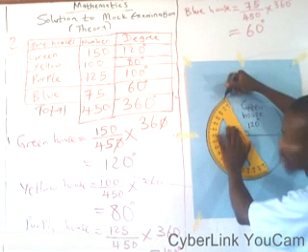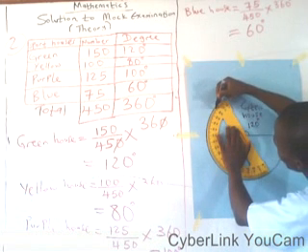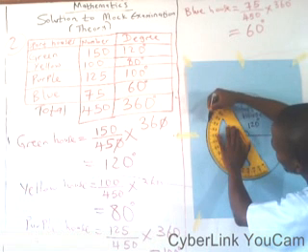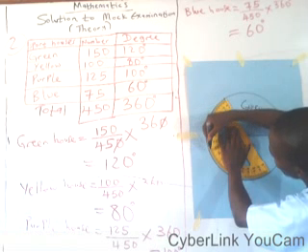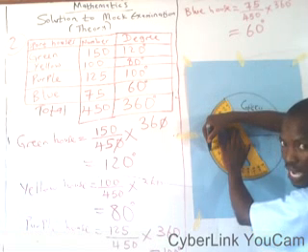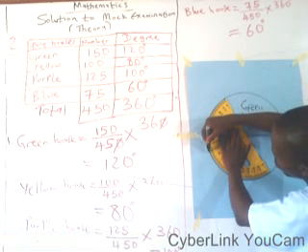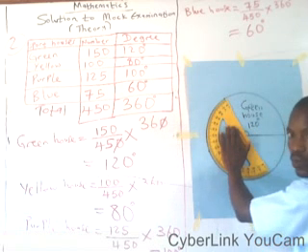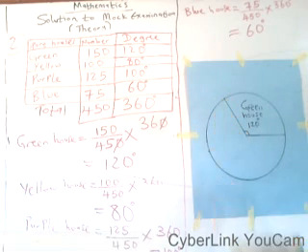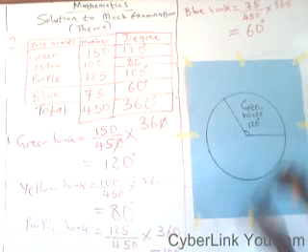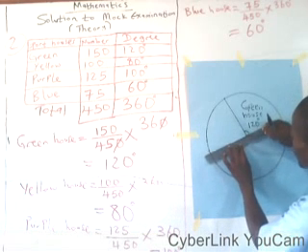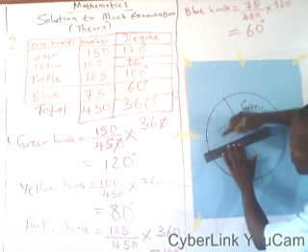0, 10, 20, 30, 40, 50, 60, 70, 80. This is where we have 80. Now dot it. When you dot it finish, drop your protractor, pick up your what? Your ruler. Make a perfect straight line from the dotted line at the center point to the dotted line at the circumference.